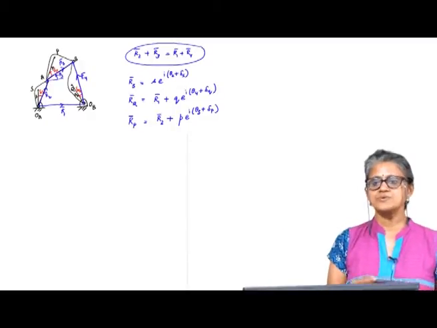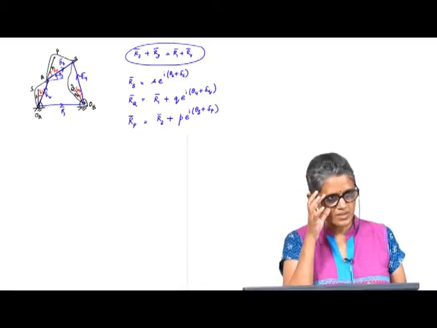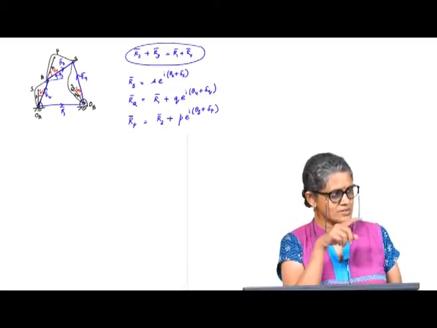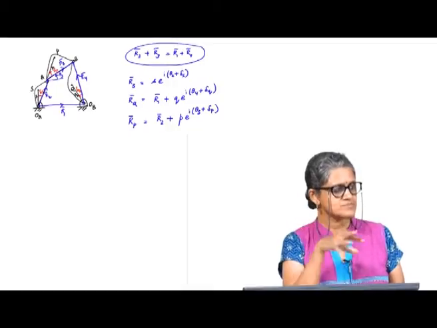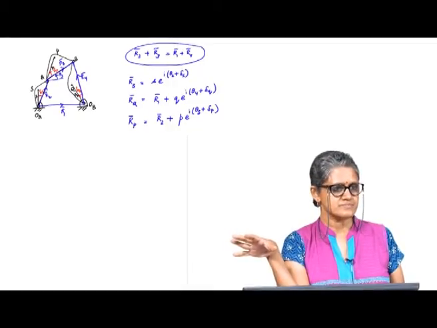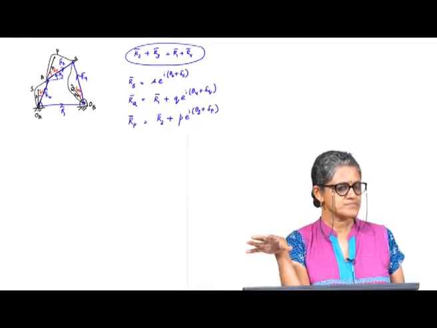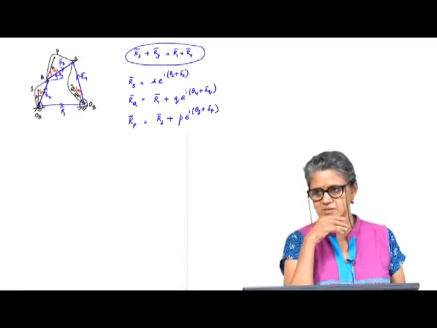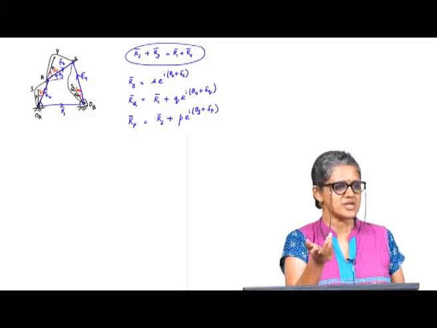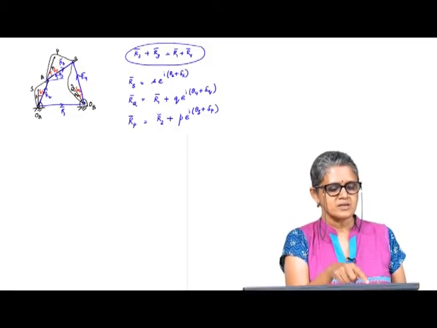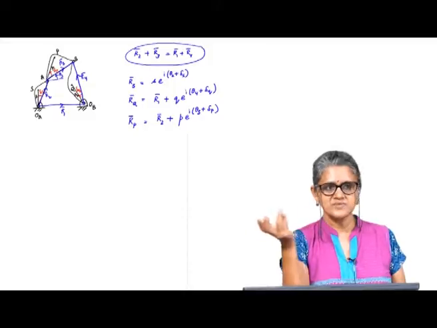So, once you do the position analysis for the R1, R2, R3, R4, any point on the linkage is completely determined, because S and delta S will not change. P and delta P will not change even as the linkage moves.